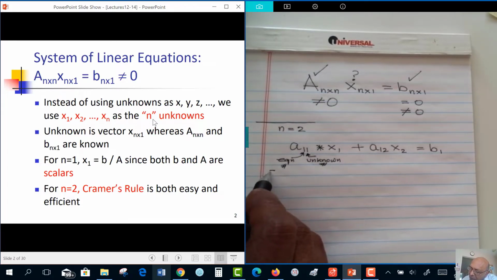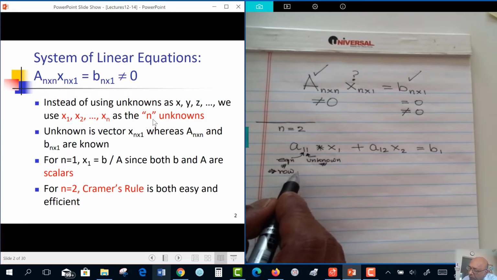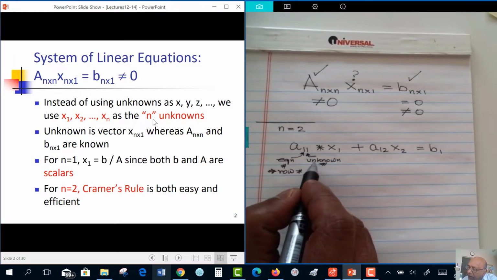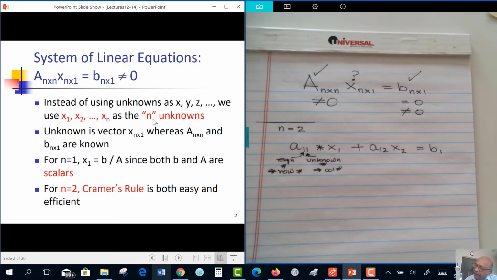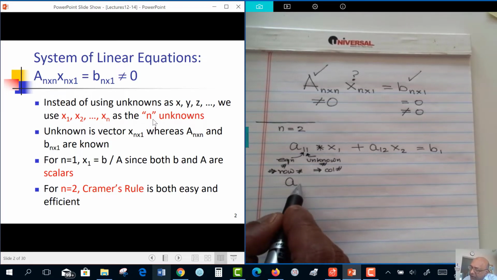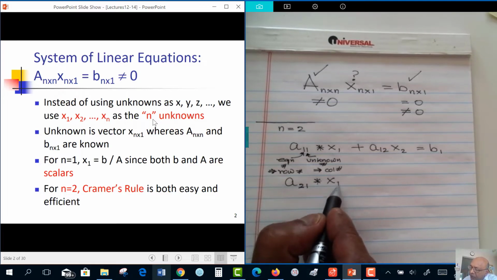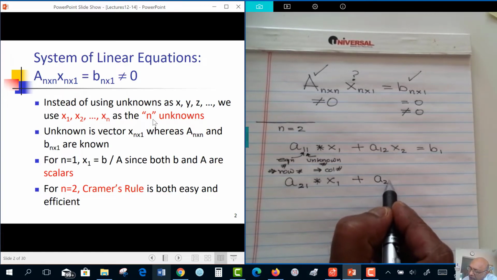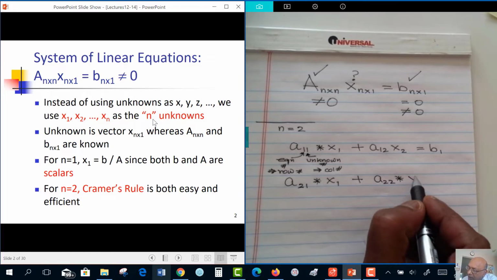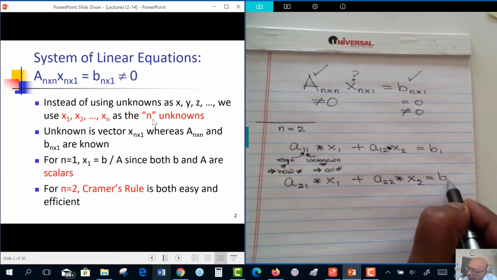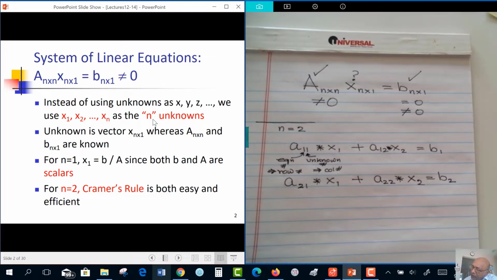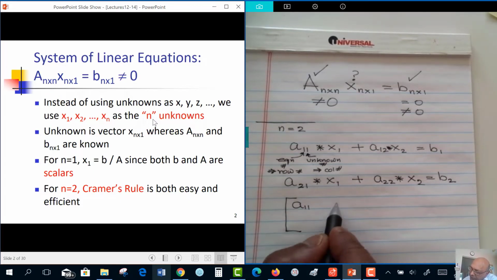So our equation number corresponds to the row number, and our unknown number corresponds to the column number of matrix A. So when we write our second equation, first unknown times first unknown, second equation, second unknown times second unknown is B2.